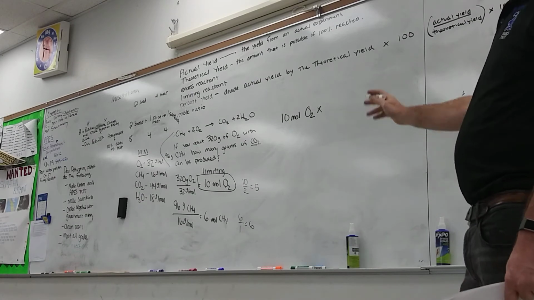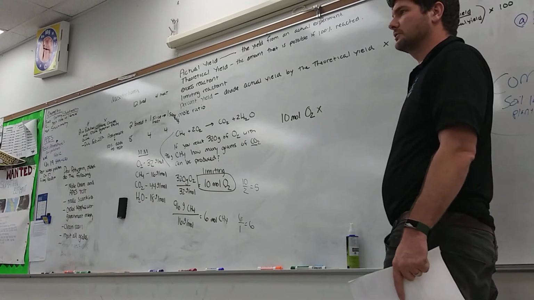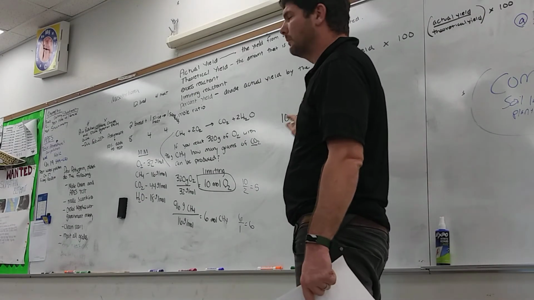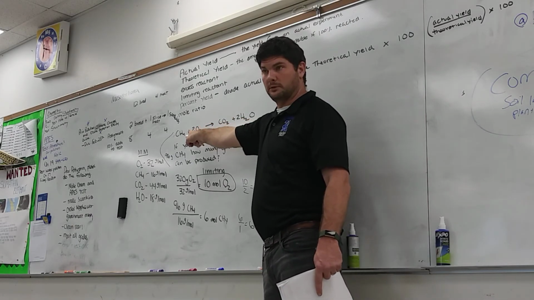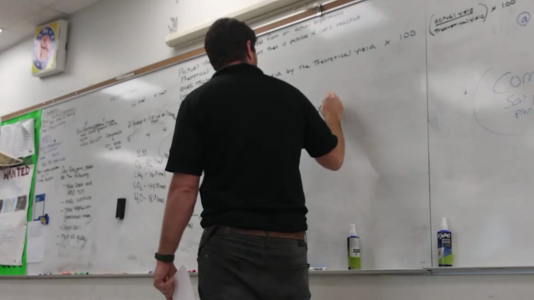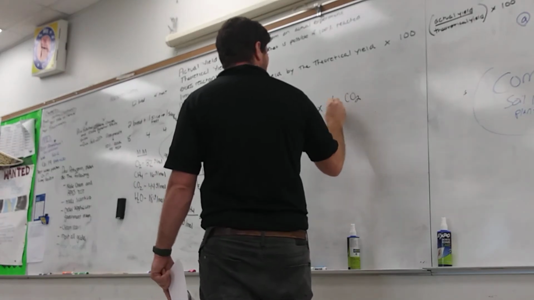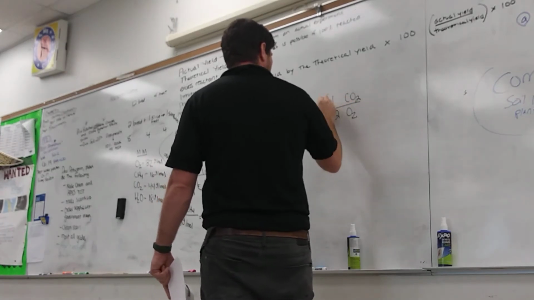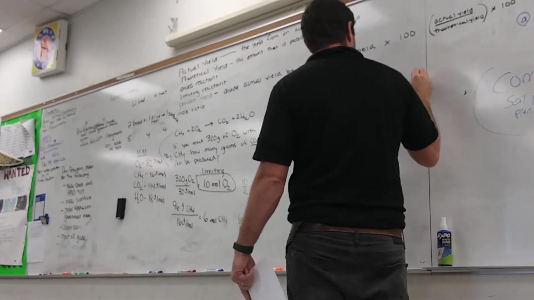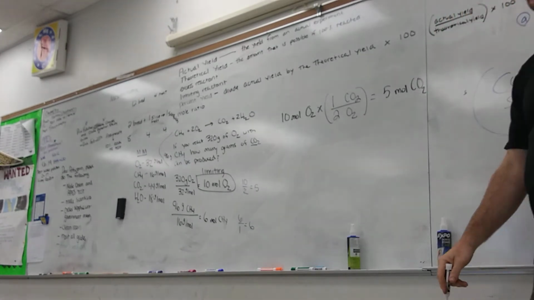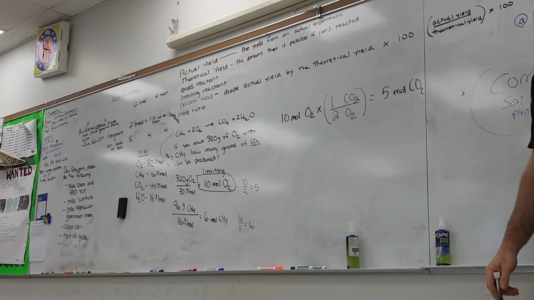So 10 moles of O2, how many moles of CO2 do I have for every mole of O2? Look at your original problem. You notice that I have 1 for every 2? So don't I then times that by 1 CO2 for every 2 O2? And I would know that that's 5 moles of CO2. Okay, because it's like half of 10, right?